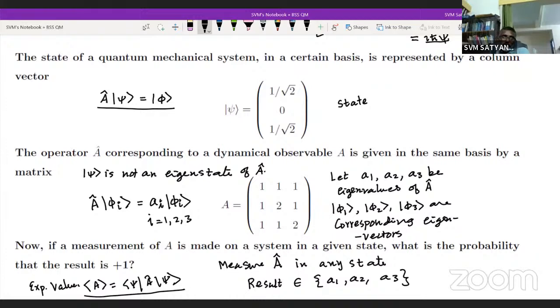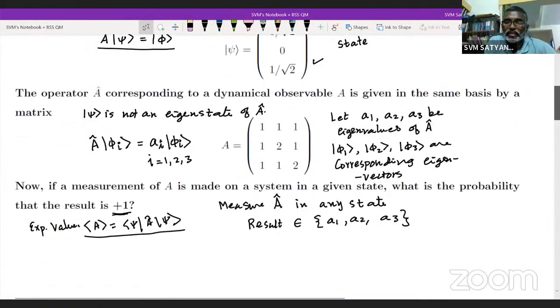But the given question is, if a measurement of A is made on a system in a given state, what is the probability that the result is +1? When they say the result is +1, we can conclude that one of the eigenvalues is +1, because the result has to be always an eigenvalue, no?